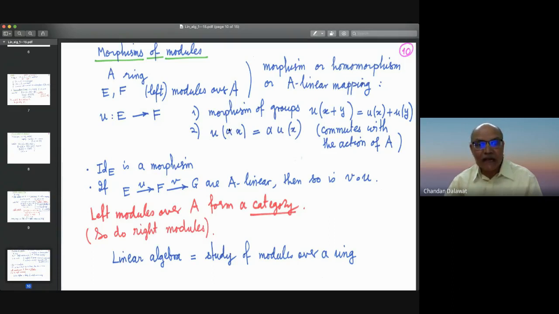So in some sense, this alpha should come out as here on the right-hand side. Or you could say that this commutes with the action of A. Then you say that this U is a morphism of left modules or left A modules.